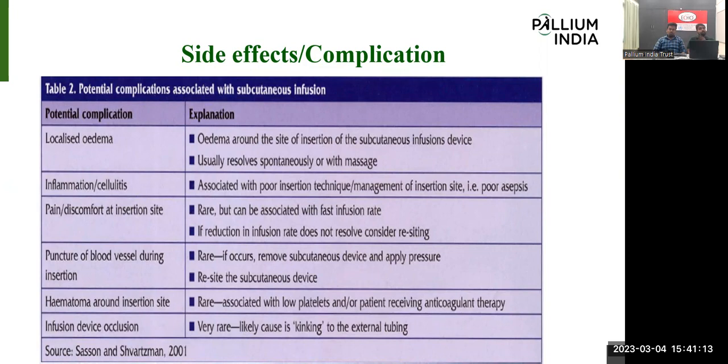If needed, we reduce the rate, or we ensure the rate and the volume. If the issue is not resolving after ensuring the rate and the volume, and the patient again tells about pain and discomfort, we need to change the site. We need to select another site and continue the medication.